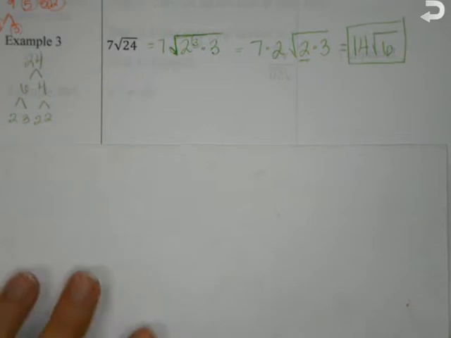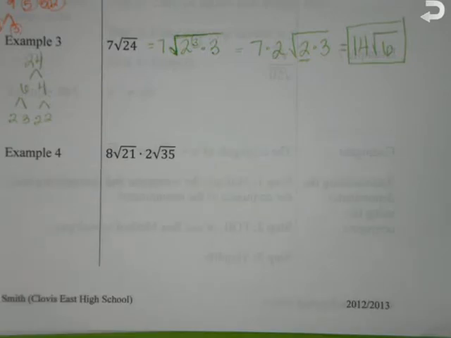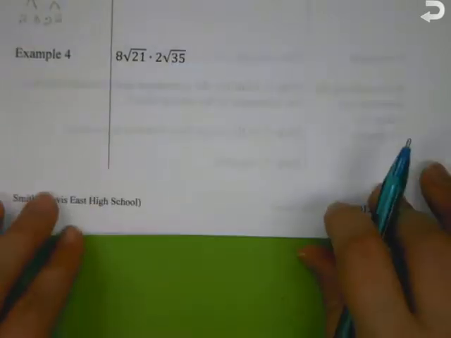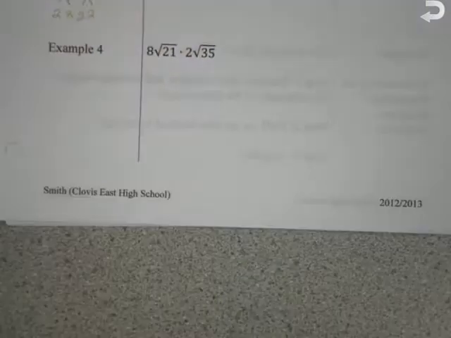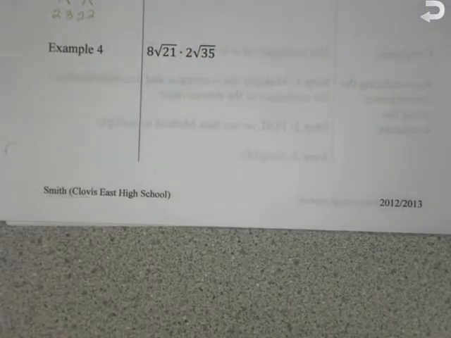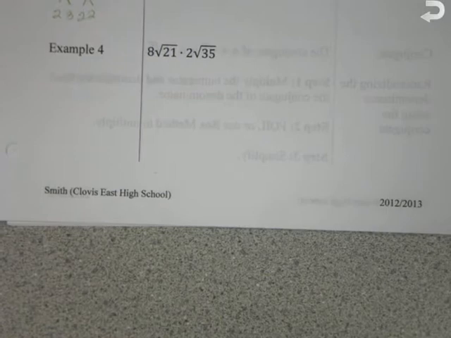Example 4. What happens when we're multiplying two radicals? So we have 8 root 21 times 2 root 35. Okay, now I like to think of radicals as similar to like terms. We can only add them if they're exactly the same, but we can always multiply any terms together.